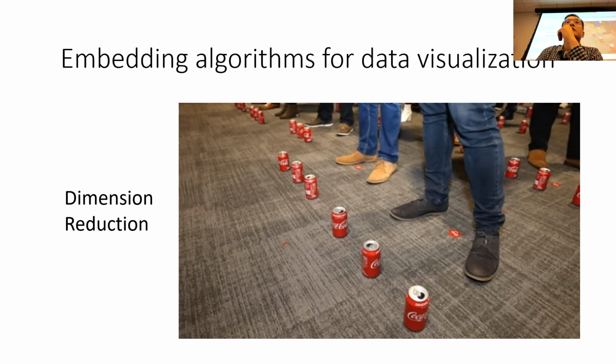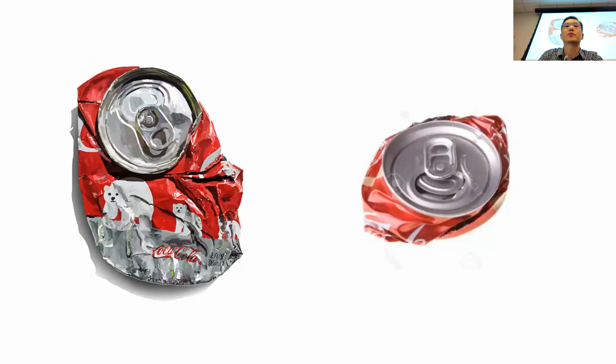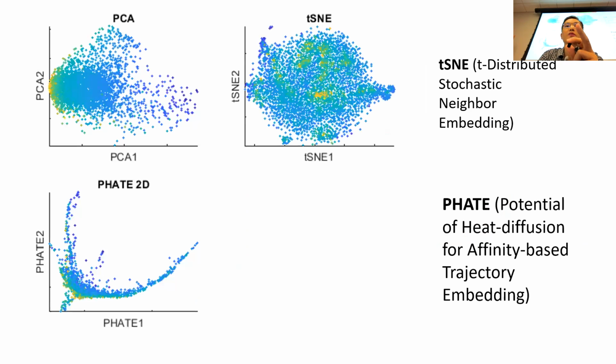I don't have to explain to you what an embedding algorithm is, you use it all the time. I just want to show you different algorithms applied to the same data set. You get different visualizations. For the lymphoblastoid cell line, there's no structure among them.